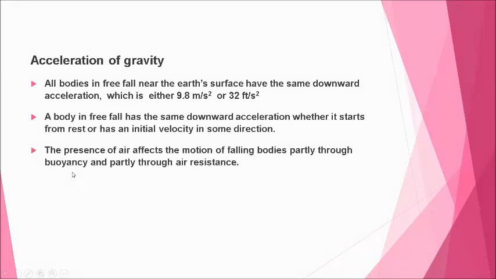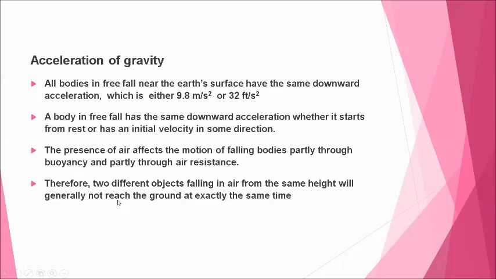But the presence of air affects the motion of falling bodies, partly through buoyancy and partly through air resistance. And because of that, two different objects falling in air from the same height will generally not reach the ground at exactly the same time.